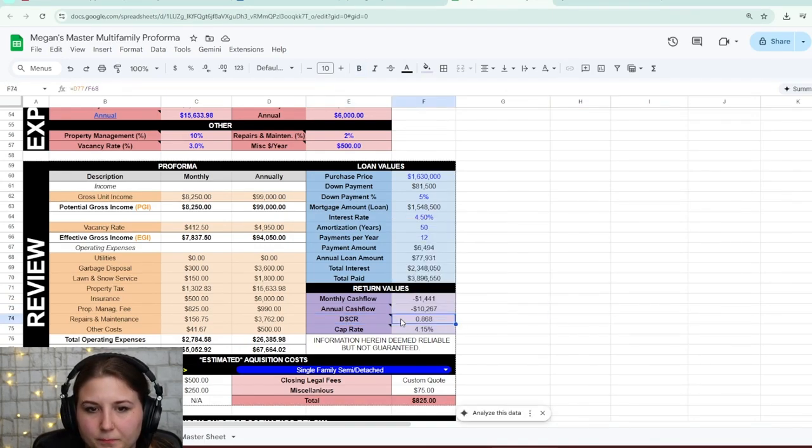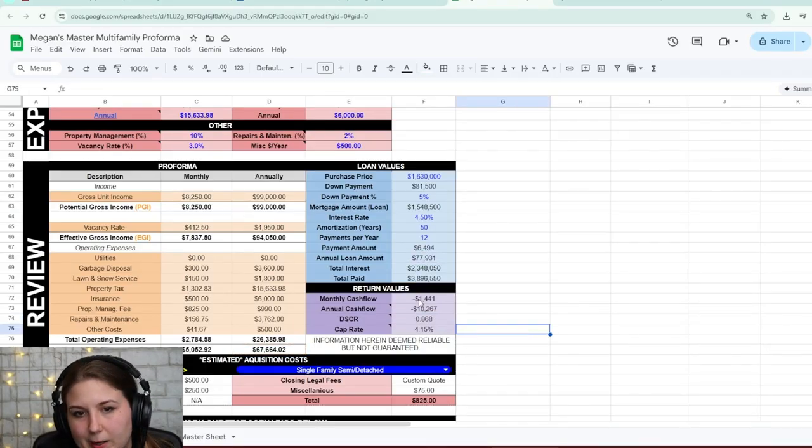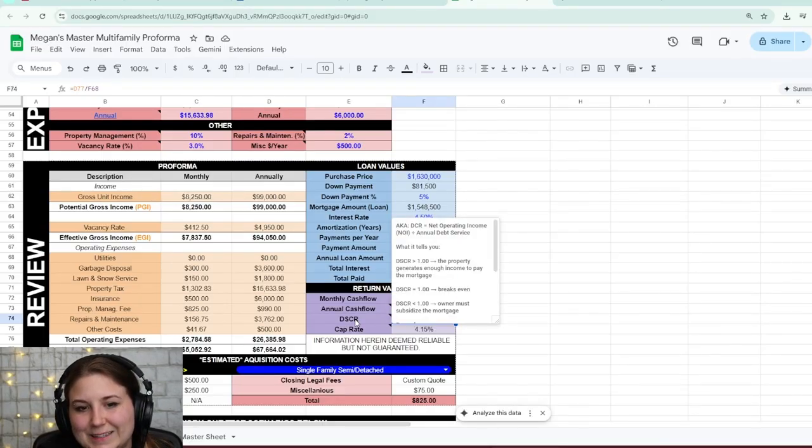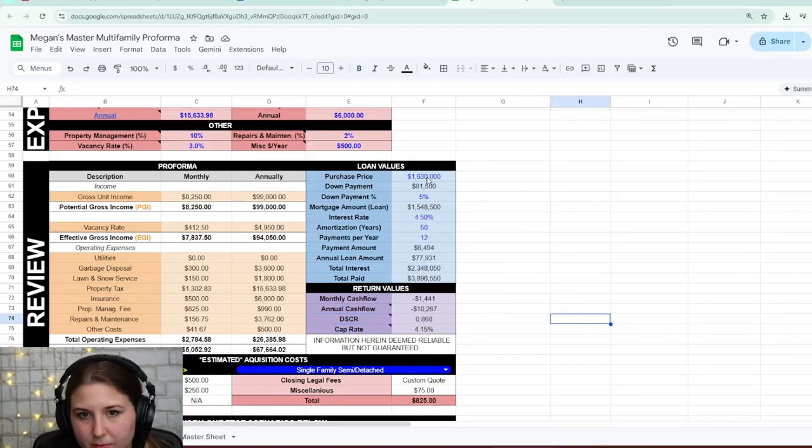When the DCR is 1, that means you're breaking even, making just enough to pay the bank. So you're in a negative with the DCR here. In order to qualify for MLI Select, you have to have at least a DSCR or DCR of 1.1.